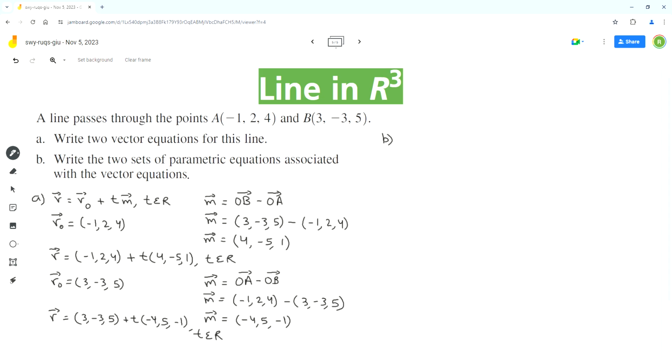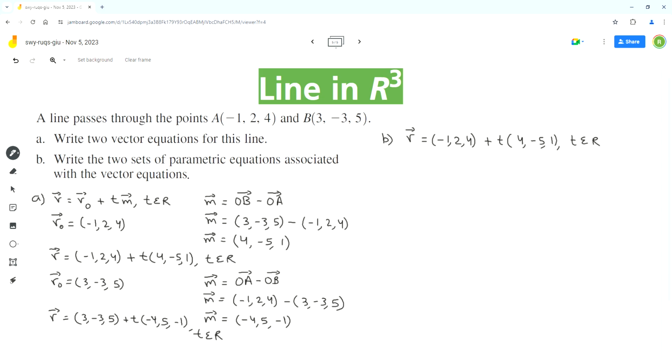Write the two set of parametric equations associated with the vector equations. So let's start by writing the first vector equation. So we have to break up this vector equation into parametric equations.